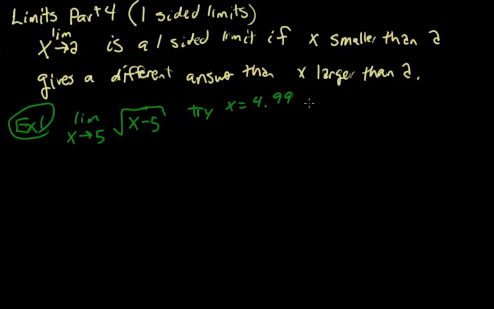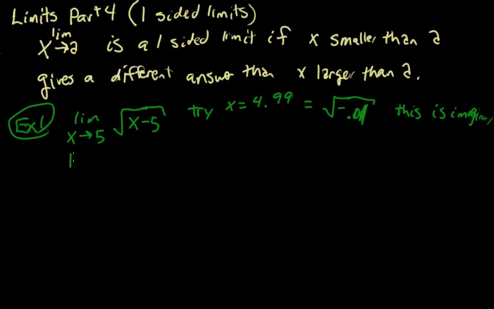Well, 4.99 minus 5 gives us the square root of negative 0.01. But this is an imaginary number. And for the Calculus 1 playlist, we're really not going to deal with imaginary numbers much. Square root of anything negative is imaginary.